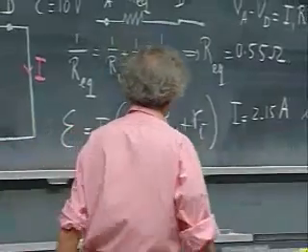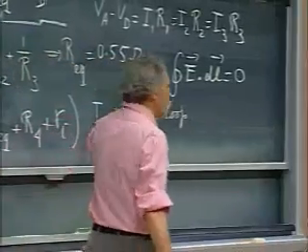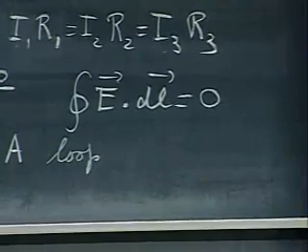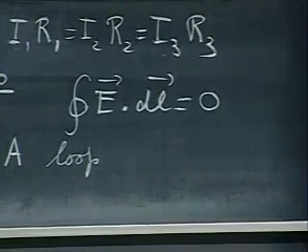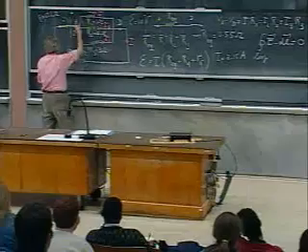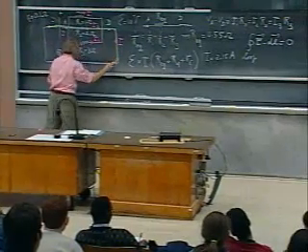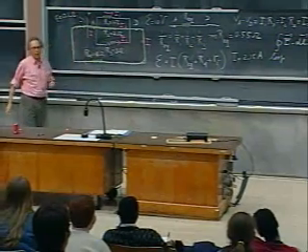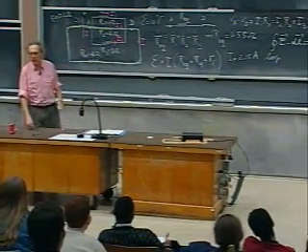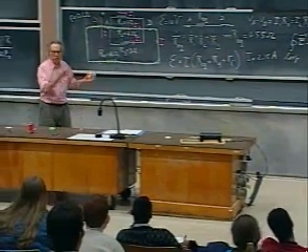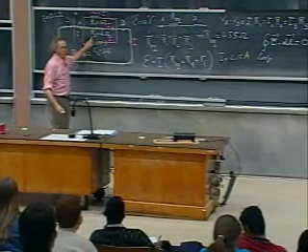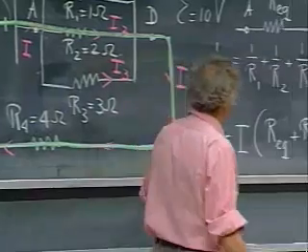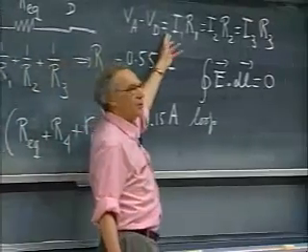I don't know why Kirchhoff got the credit for this. This was long known before him, but nevertheless it's called Kirchhoff's first rule. So I go with a closed path, and this is the closed path that I have decided to take. That closed loop integral E dot dl must be 0. Any other path would also be 0. I chose the one through R2, because my goal is to find I2. Once I have I2, I1 and I3 follow immediately from this.